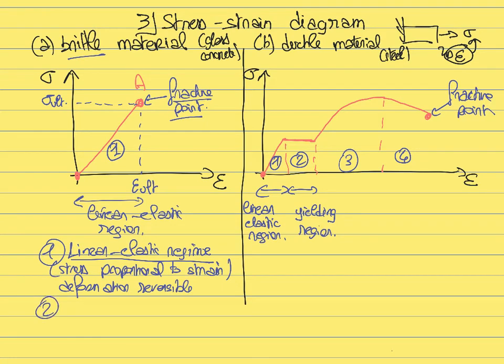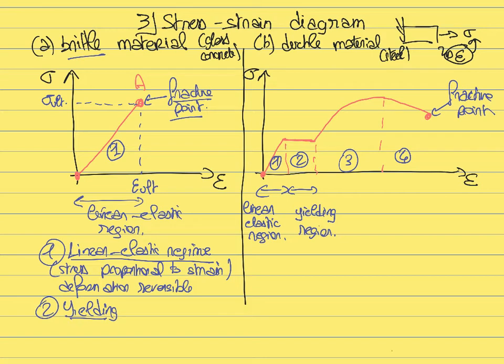So now we move to stage number 2, which is the yielding. In the case of yielding, the first thing is that the stress remains constant despite the fact that the strain continues to increase.